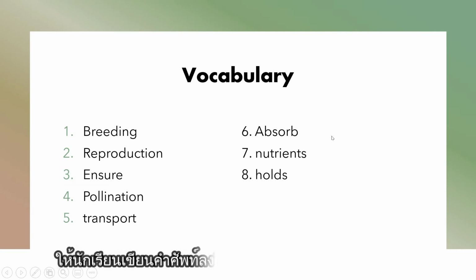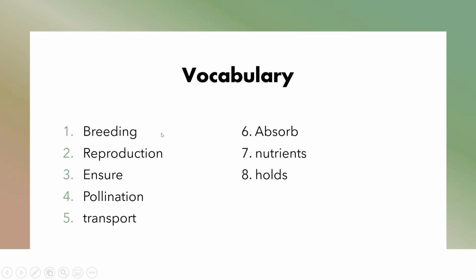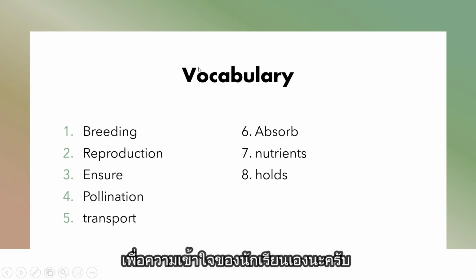So you are going to write these vocabularies in your notebook. And after you write, you are going to translate them to Thai words so that you can understand the meaning of each word.